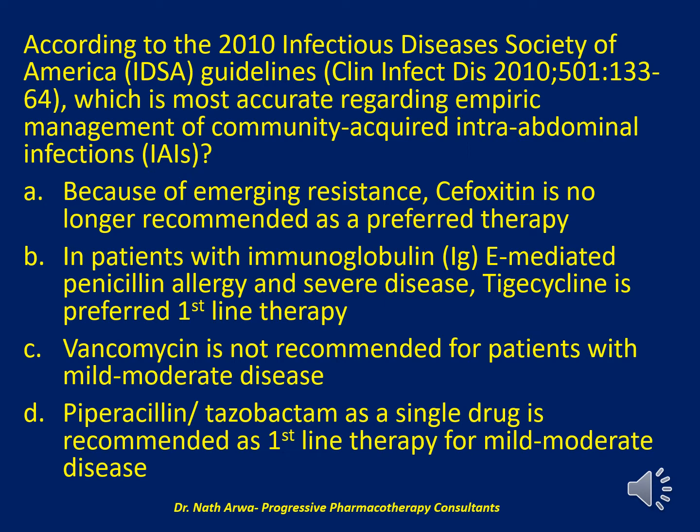In patients with immunoglobulin IgE-mediated penicillin allergy and severe disease, tigecycline is preferred first-line therapy. Or C? Vancomycin is not recommended for patients with mild to moderate disease. Or is it D? Piperacillin-tazobactam as a single drug is recommended as first-line therapy for mild to moderate disease? I will give you 10 seconds to choose the correct answer to this question from the listed options.